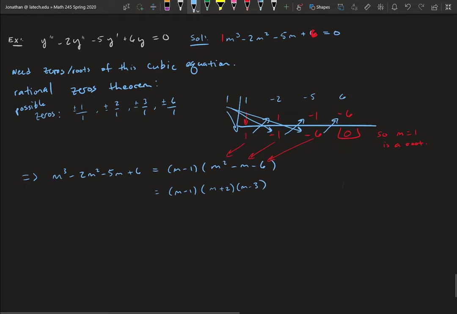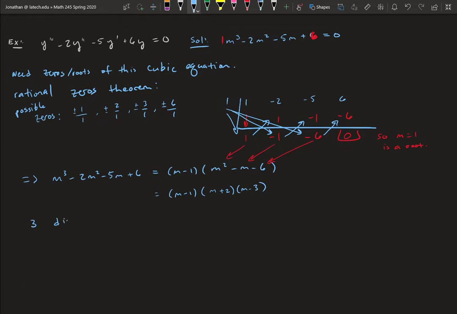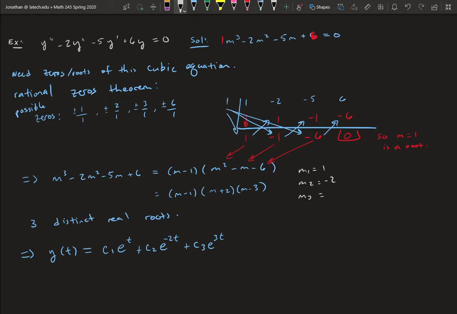So we have 3 distinct real roots, which means our solution y of t will be c1 e to the t plus c2 e to the negative 2t plus c3 e to the 3t. So basically m1 equals 1, m2 is negative 2, m3 is 3.